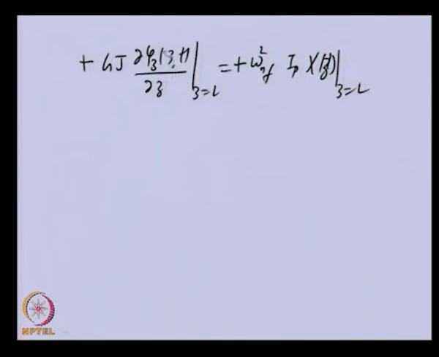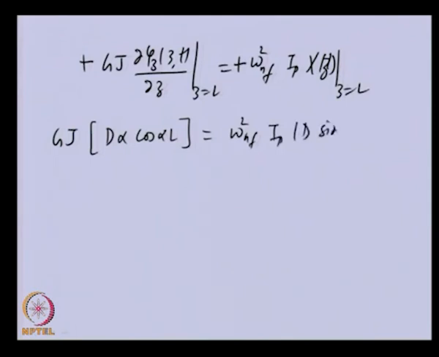You can see that if we take the first derivative of this, because C is already 0, this will be similar to the previous one. We have substituted for z equal to L, and here also we have substituted for this.